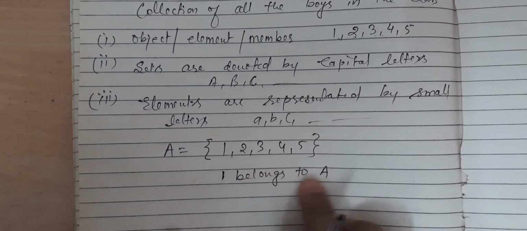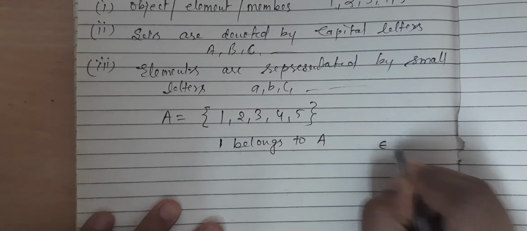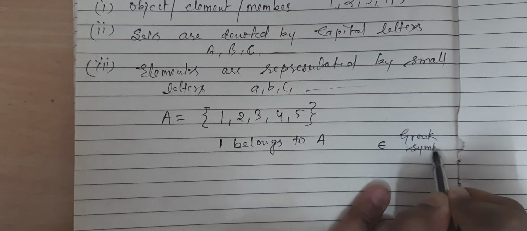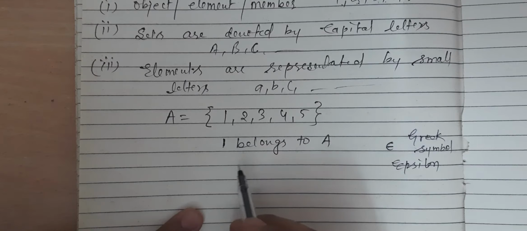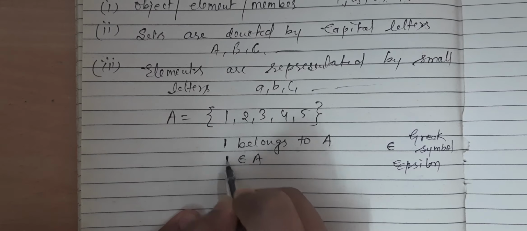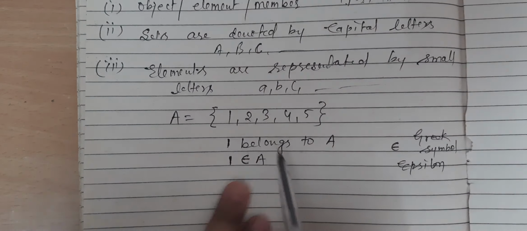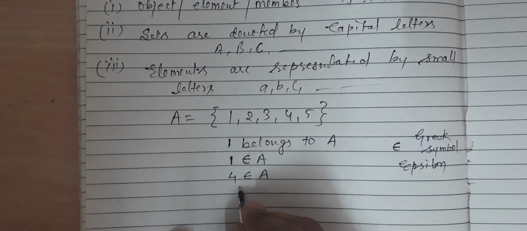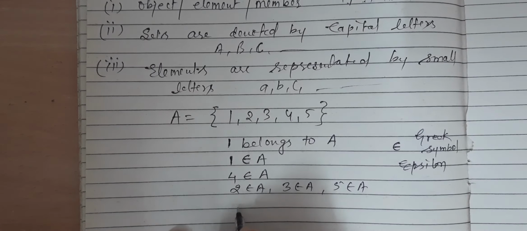So how to write this belongs to mathematically? We use a Greek symbol epsilon, and we write it as 1 belongs to A. Whenever you find this symbol, it means that this element belongs to this set. For example, 4 also belongs to this set, so we write 4 belongs to A. 2 belongs to A, 3 belongs to A, 5 belongs to A. But what about 6?